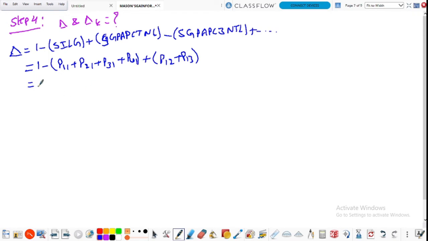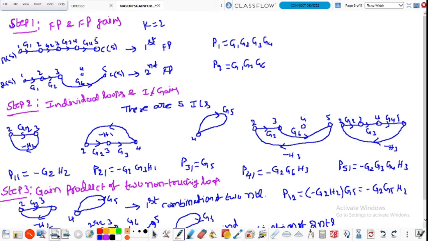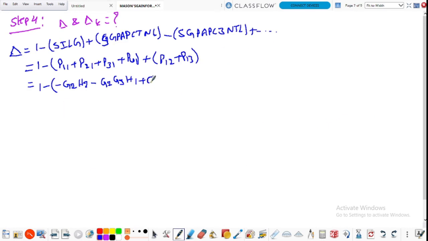We get the value of delta: 1 minus of P11, minus G2 H2, minus G2 G3 H1, plus P31, G5, plus P41, G2 G3 G4 H3, plus P51.